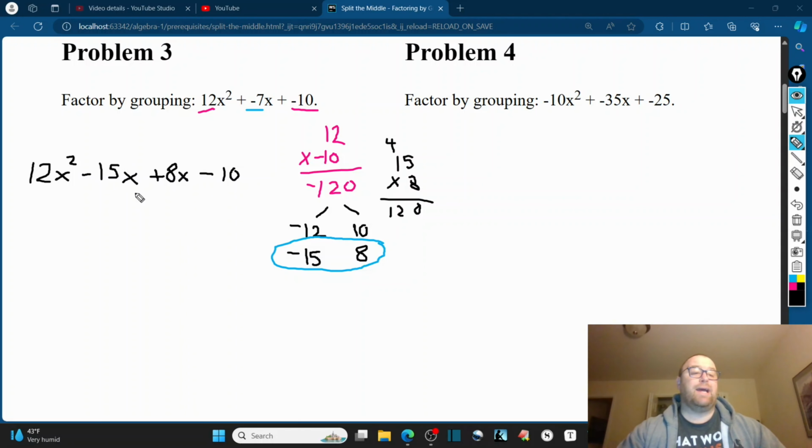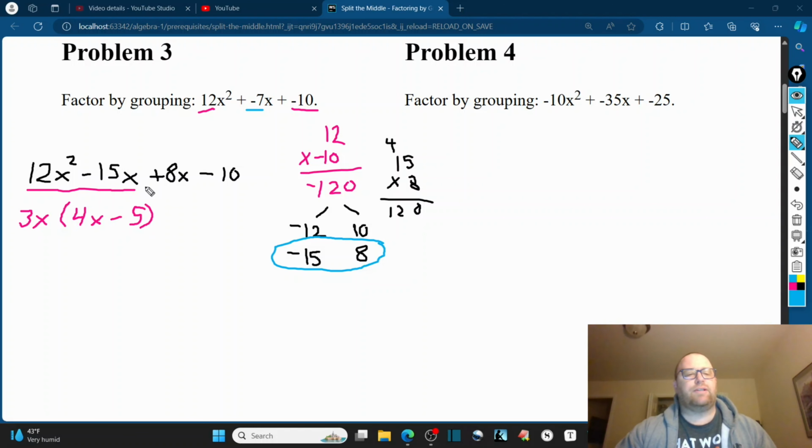Looking at the first two, 12x squared minus 15x, the greatest common factor of those is going to be a 3x. So I'm going to pull out a 3x times 12x squared divided by 3x is going to be 4x, minus 15x divided by 3x is going to be minus 5.